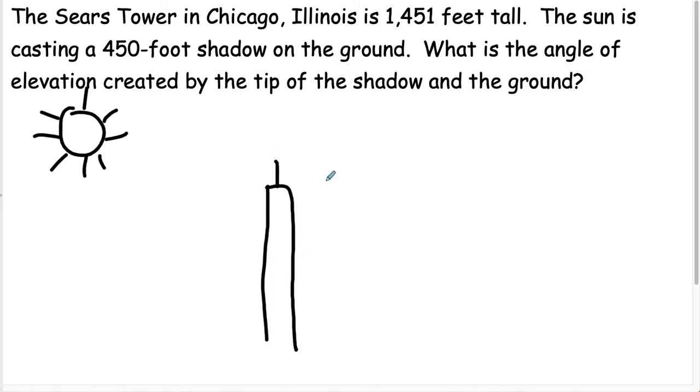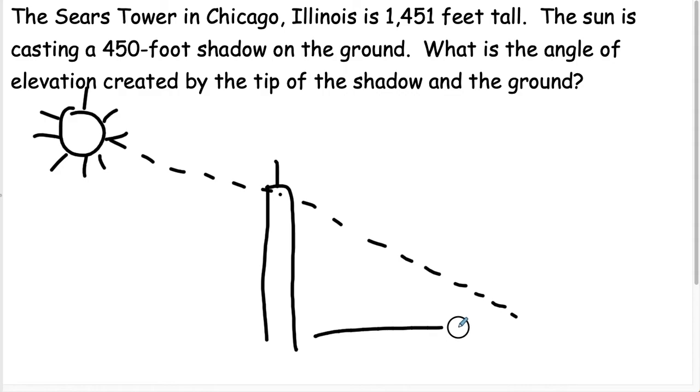And then it's casting a shadow. So here's the tower, and then here's the shadow, on the ground. I should label it shadow. And then it says what is the angle of elevation created by the tip of the shadow and the ground. So this is the angle that they're talking about right here.